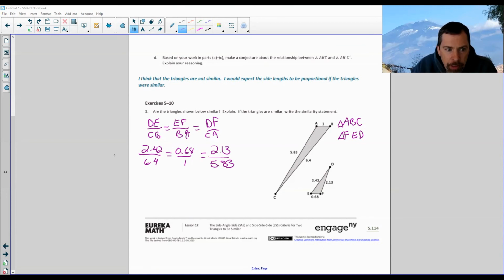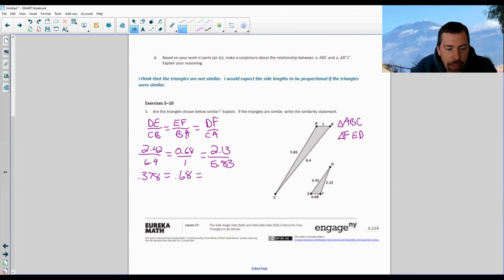Okay, plug these into my calculator. 2.42 divided by 6.4, and I get 0.378. That has to be equal to 0.68 divided by 1, and I'm having my doubts. That's 0.68, right? Anything divided by 1.